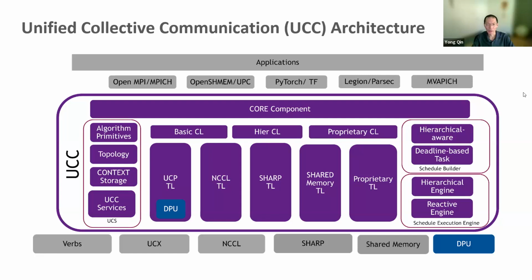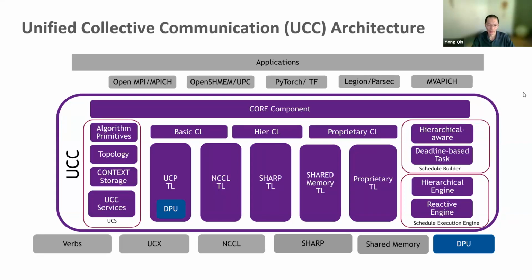And then one way to implement the communication or collective offloading is to implement the DPU as a proprietary transport layer, which is something that Oscar mentioned briefly in previous slides.